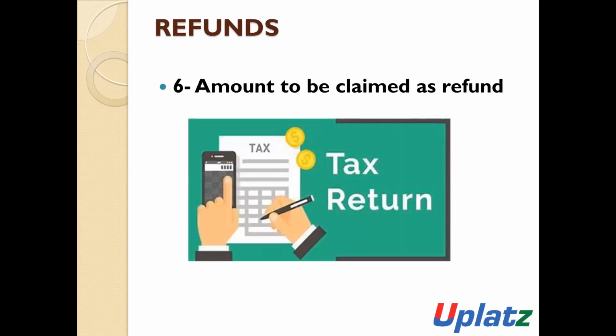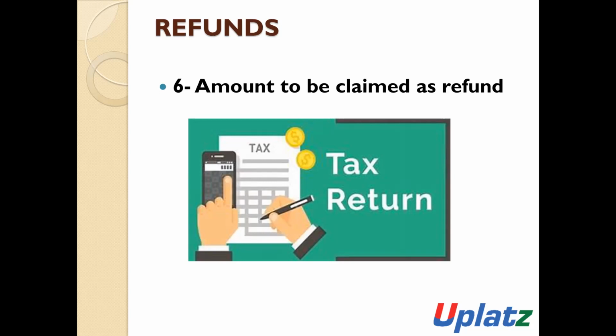Number one, in the following cases, all of which are already covered by us in our previous class, we have already discussed where the amount will be directly transferred to the applicant's account.